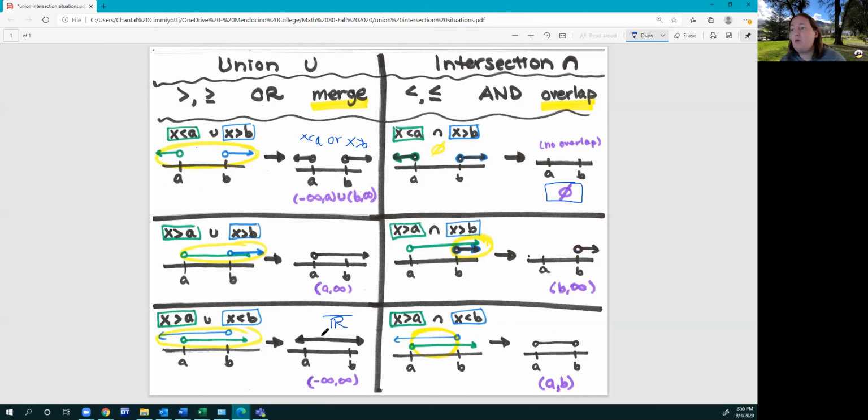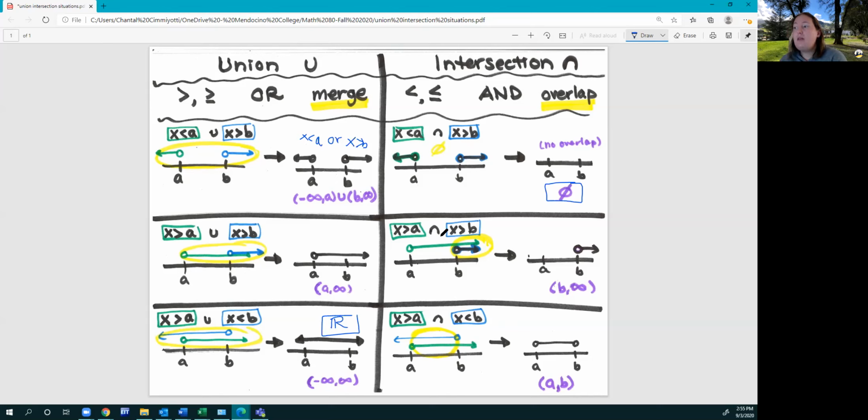Everything or nothing are the special cases. And for your graph, you really couldn't graph anything because nothing is a solution to that. If we're finding the overlap of something that's less than 2 and greater than 5, there is nothing that is going to meet both those conditions. No number is less than 2 and greater than 5 simultaneously.